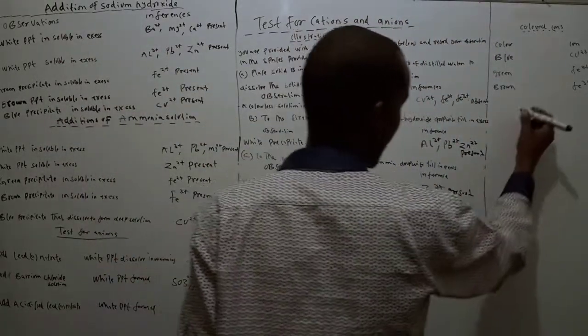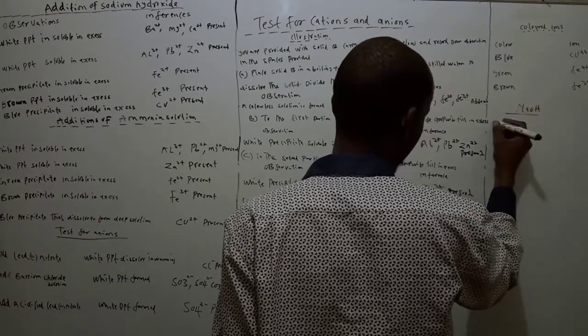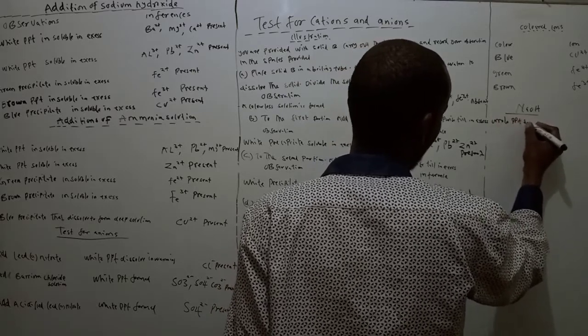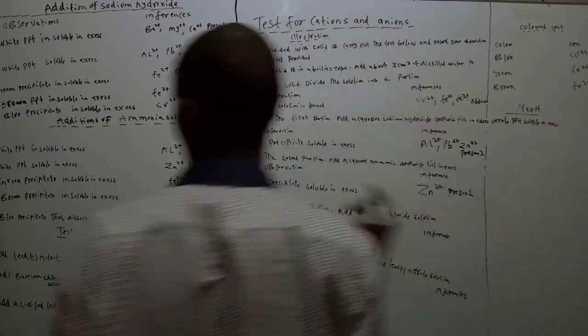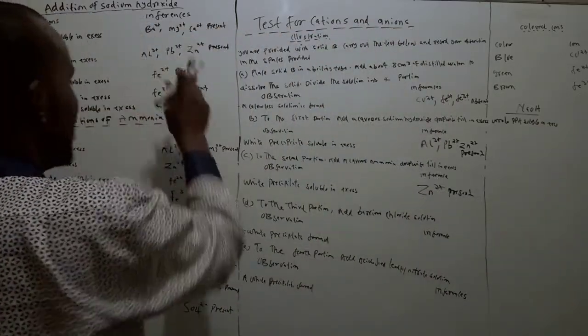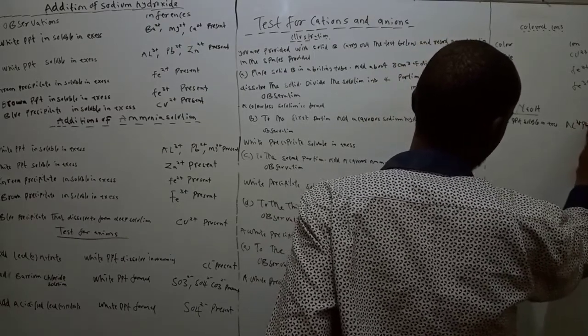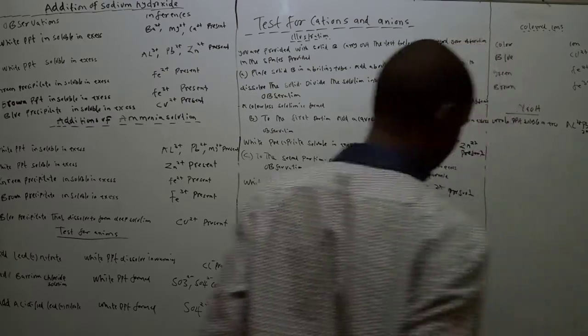Then obviously, we are going to write aluminium, lead, and zinc. Aluminium ion, lead ion, zinc ion present.